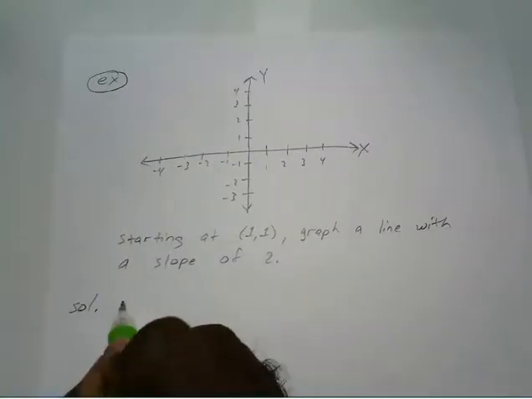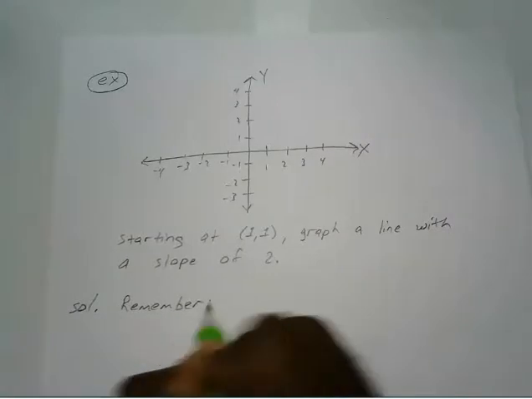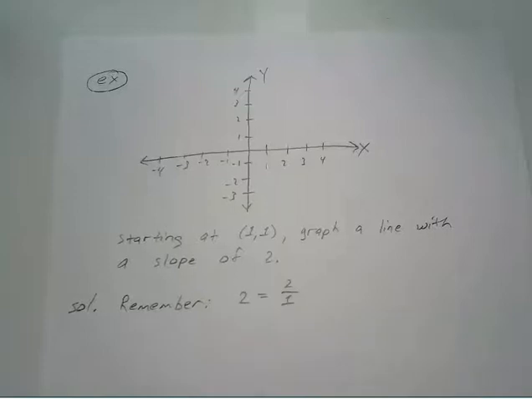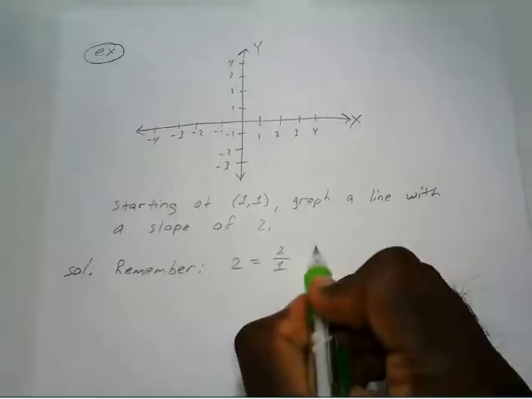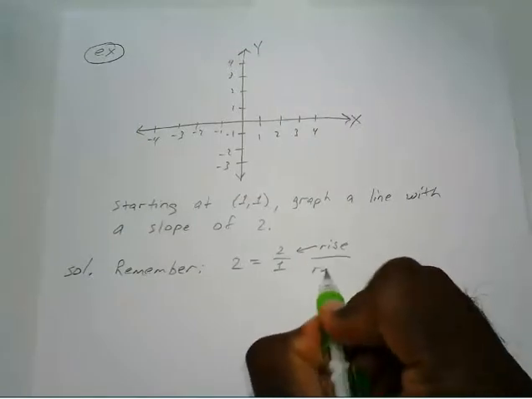Okay, so all you have to do really with this is remember that 2 equals 2 over 1, which is your rise over your run.